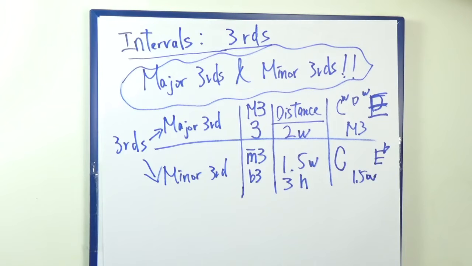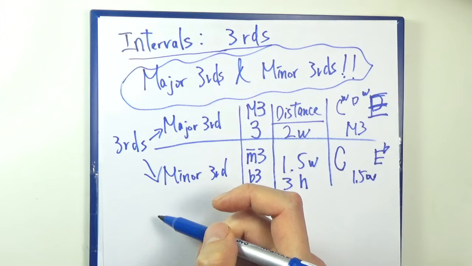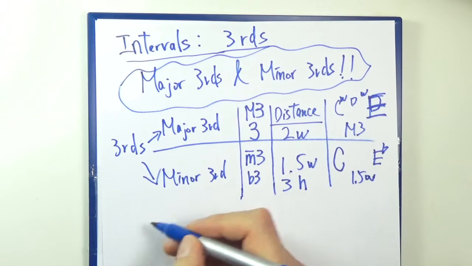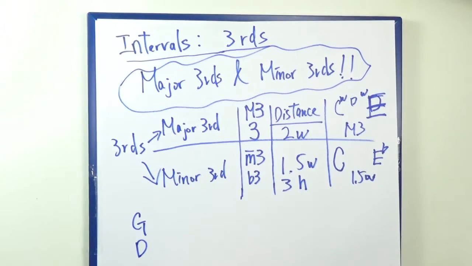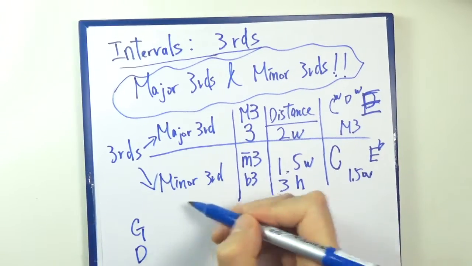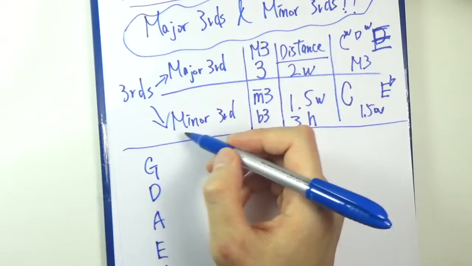All right, so let's do a few more exercises in this video to get you to solidify this new concept. Let me write down a few notes here. Let's do major thirds here.